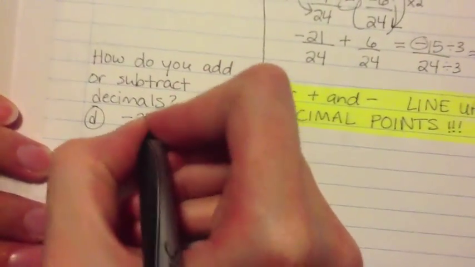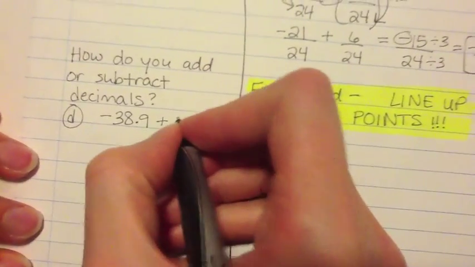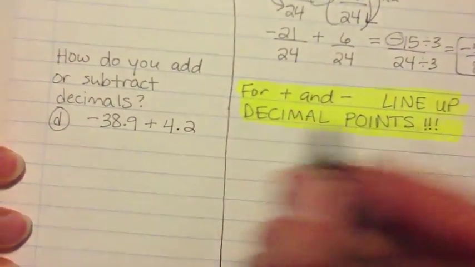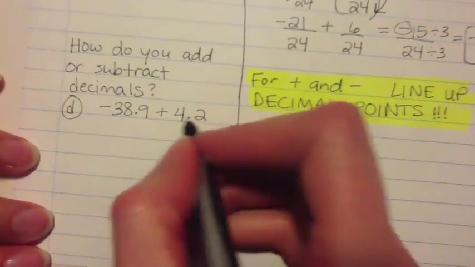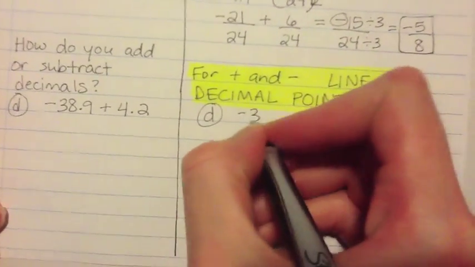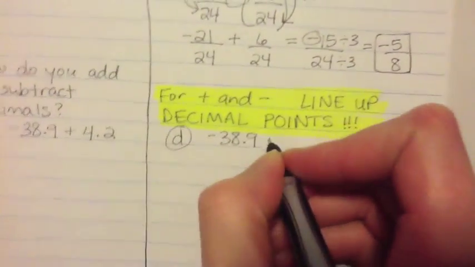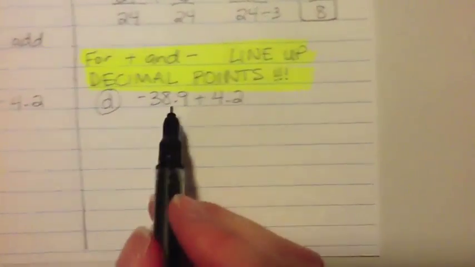Alright, so of course I'm throwing some negatives and positives at you. So we look at negative 38.9 and we're adding positive 4.2. And I have different signs.